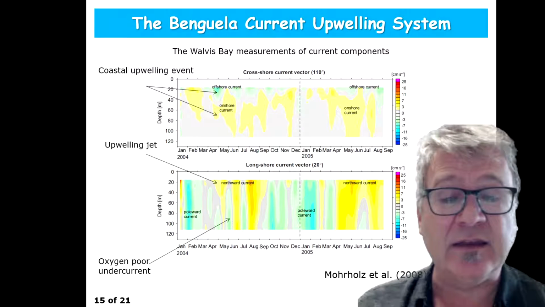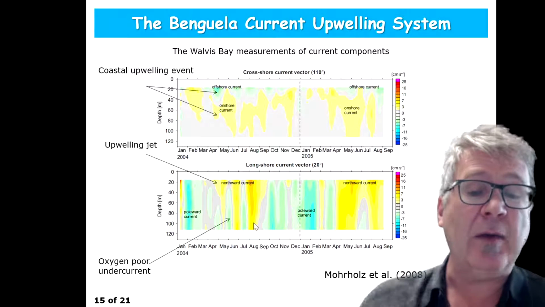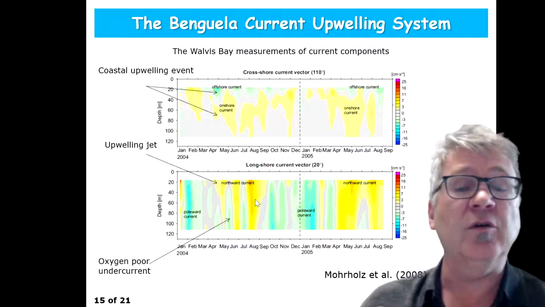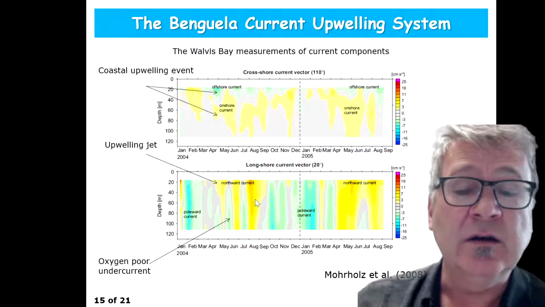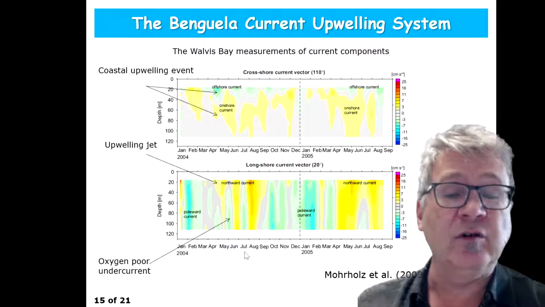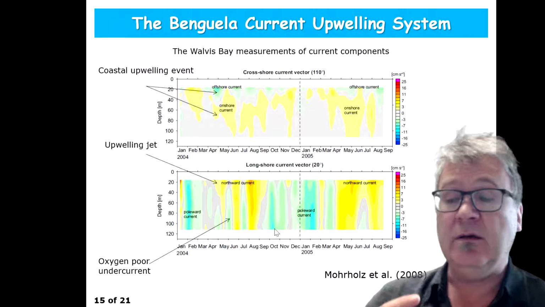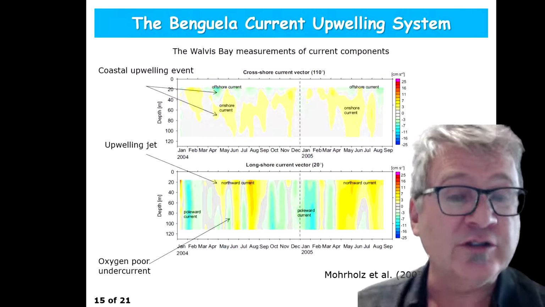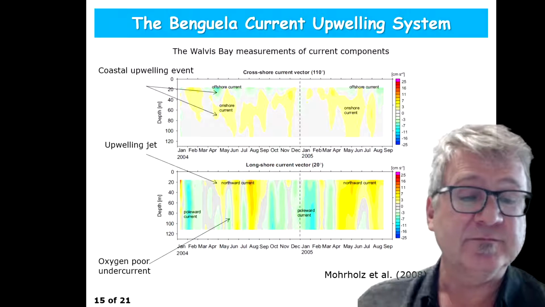This is the upwelling jet, and here you get upwelling jets of 10 centimeters per second. Okay, again, you only have the currents which are below 20 meters, but you can see these clear events of the creation of a stronger northward upwelling jet.